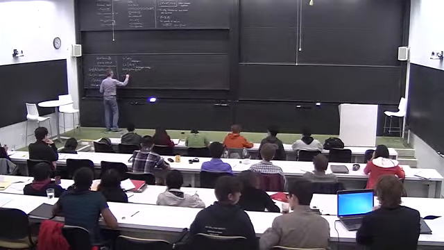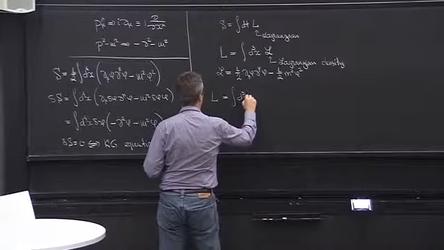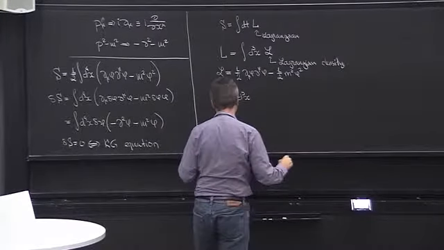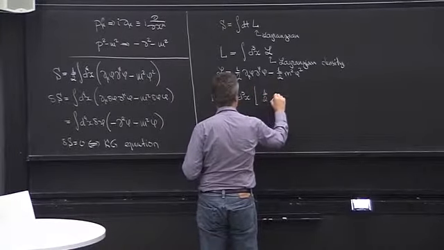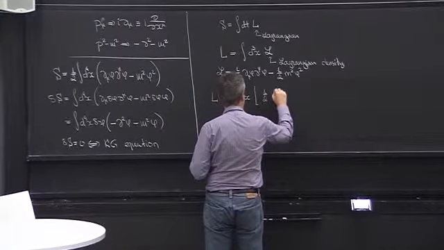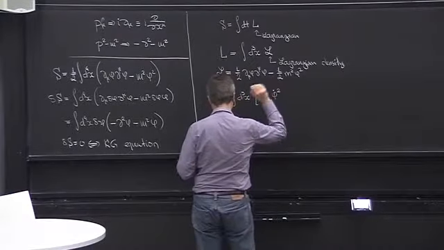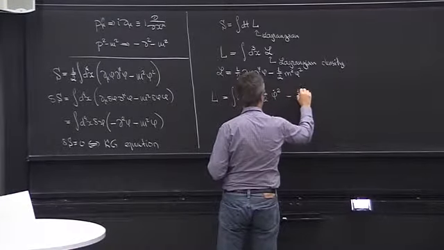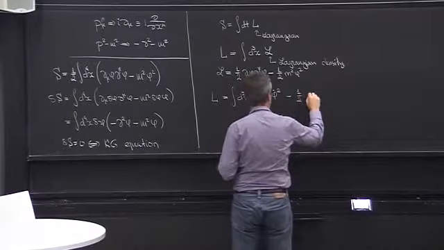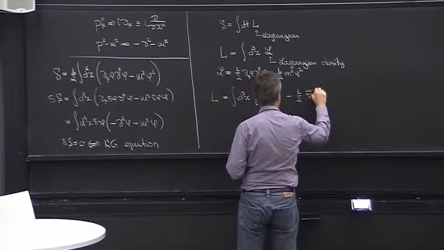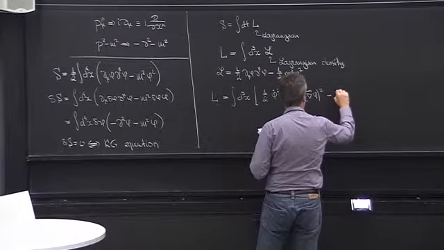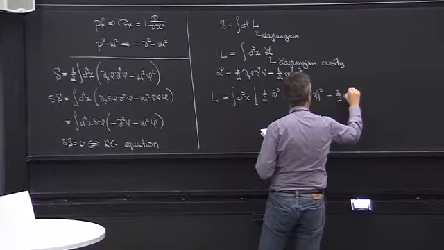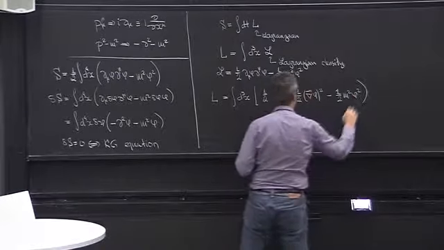So we write the Lagrangian as 1/2 of phi dot squared, where dot denotes time derivative, minus 1/2 spatial gradient of phi squared, and then the term with mass squared.